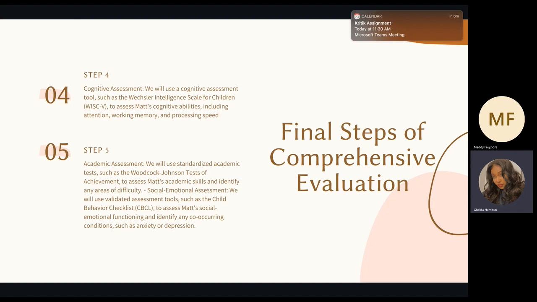And for the academic assessment, we can use the Woodcock-Johnson Tests of Achievement to assess Matt's academic skills. For the social-emotional assessment, we use the Child Behavior Checklist. This is used to assess Matt's social-emotional functioning and identify any co-occurring conditions such as anxiety or depression.